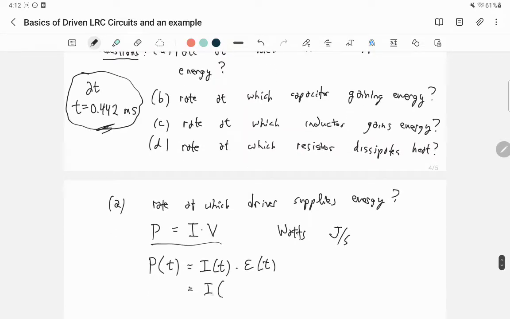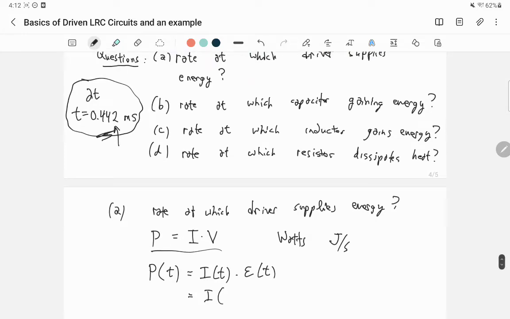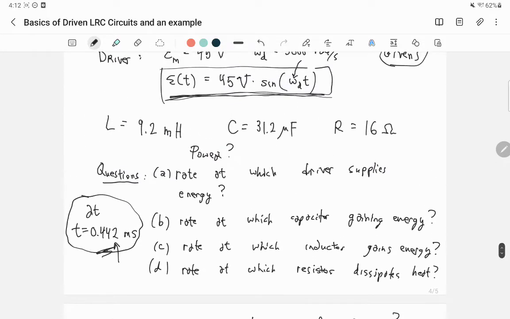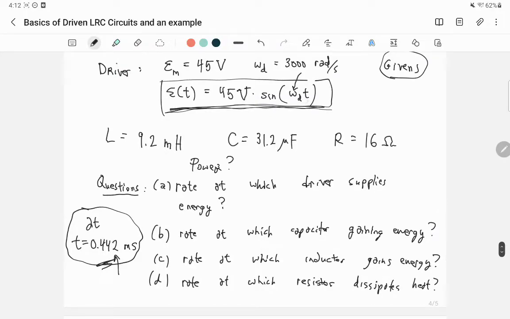If you can come up with your function I of t, all you got to do is stick in 0.442 milliseconds. You'll get a value for I of t at that time, and you'll get a value for the driver's voltage at that same time. And then you just stick in 0.442 milliseconds in this equation right here.